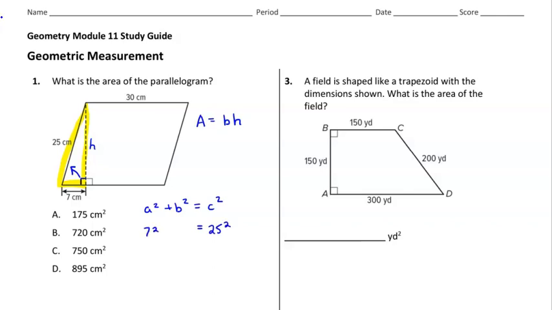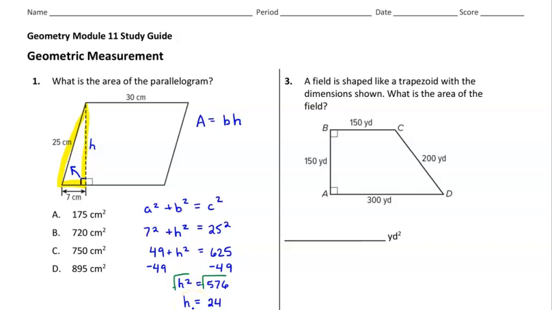And then I have 7 squared plus h squared. 7 squared gives me 49 plus h squared, and then 25 squared is 625. Subtract 49 from both sides, and I get h squared is equal to 576. And then if I take the square root of both sides, I get h is equal to 24.